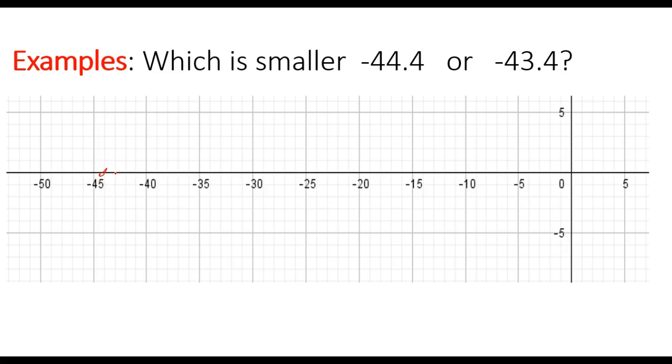And then negative 43 will be about here. So the one that is smaller is more to the left. So the smaller will be negative 44.4 because it's on the left of negative 43. So that's the smaller.